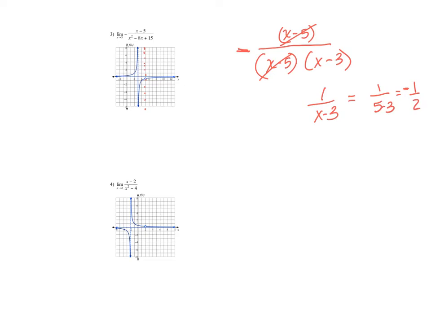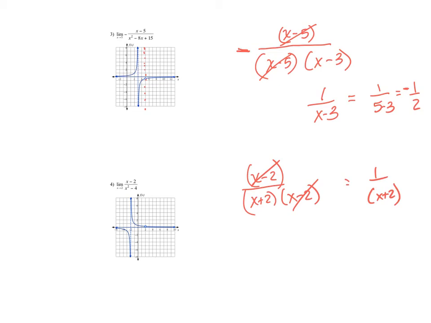Now this next one, number 4, we have also another discontinuity. We have an x minus 2, and x squared minus 4 is x plus 2 times x minus 2. These two would go away, so we no longer have a 0 in the basement. That would be 1 over x plus 2.